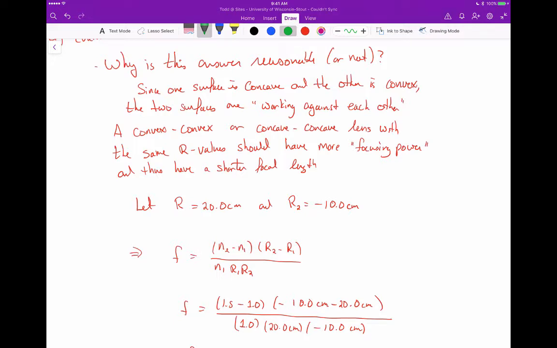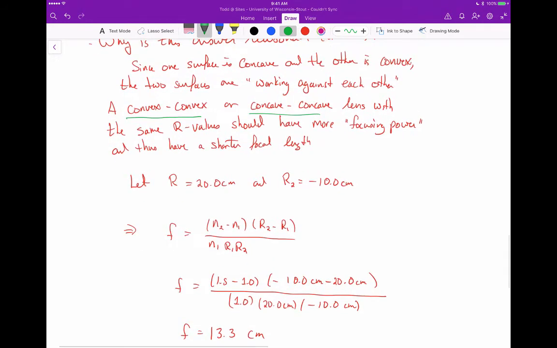So what that says to me is that if we had a similar radii of curvature, but they were either pure convex-convex or concave-concave, in other words, I had either a lens like that or a lens like that, I would expect either of these two to have more focusing power.